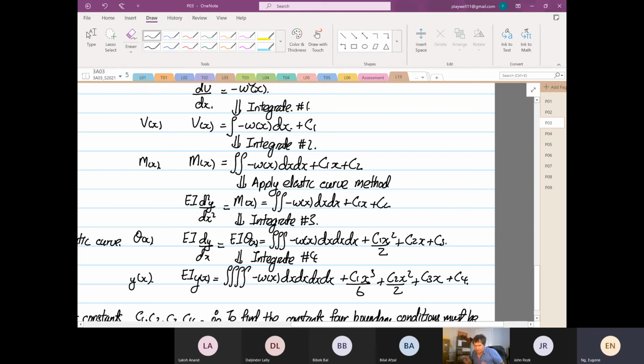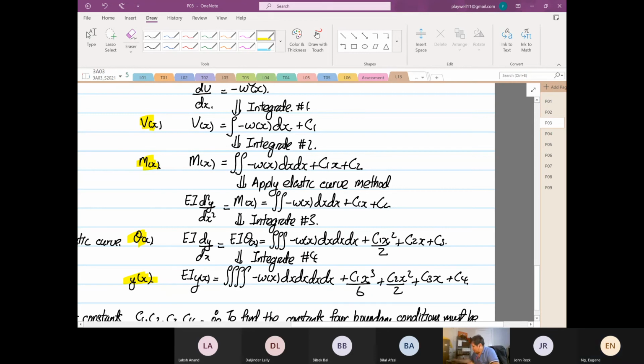So for this case, I want you to remember V, M, theta, Y, because this will help you specify your boundary condition.